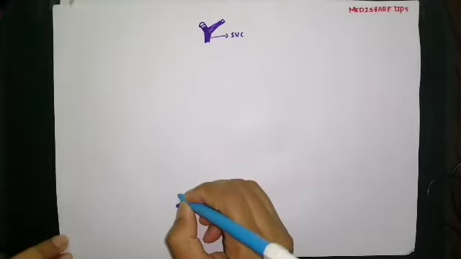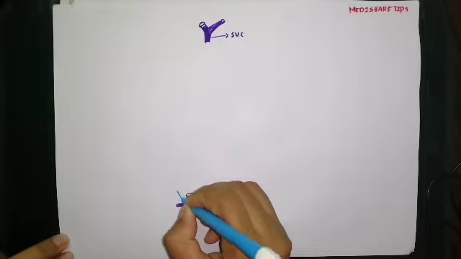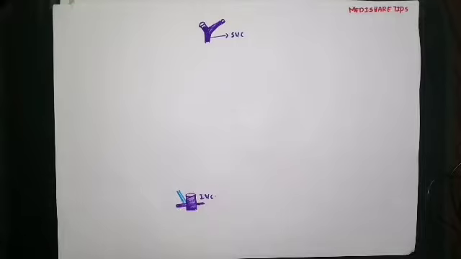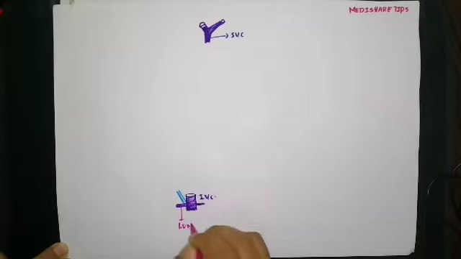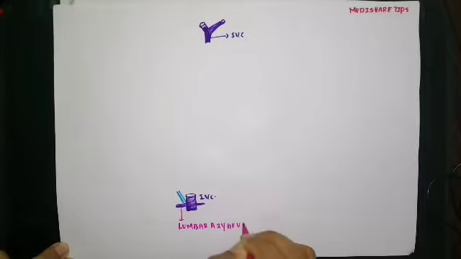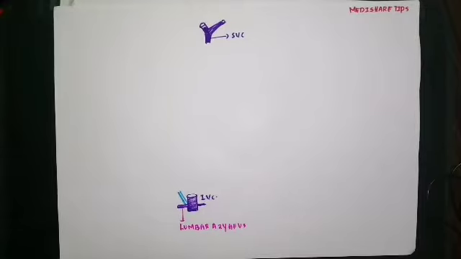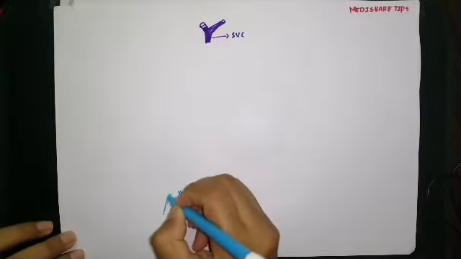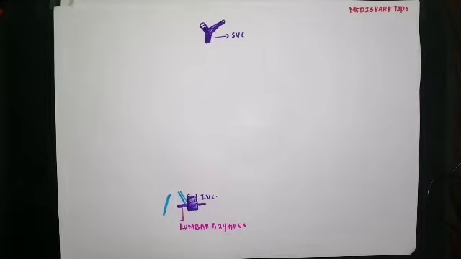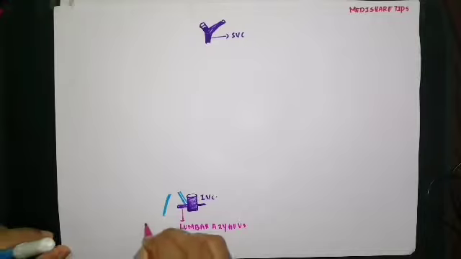Which are they? The first one is the lumbar Azygos. This vein is known as the lumbar Azygous vein. The other vein is the ascending lumbar vein.